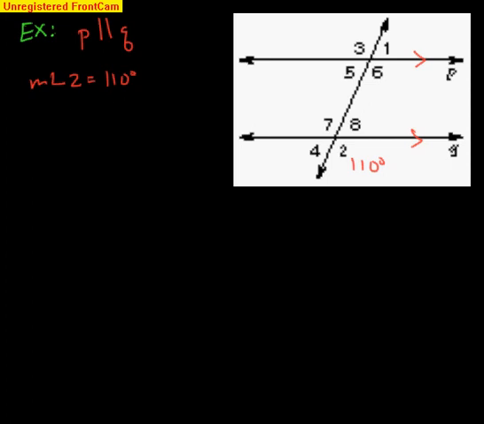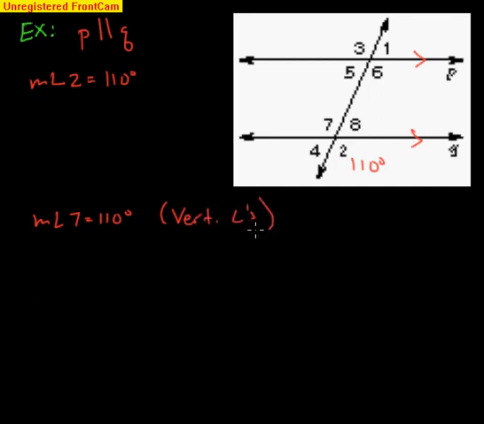So if we look at the picture, angle 2 and angle 7 are vertical angles. Vertical angles are congruent. So the measure of angle 7 is going to be the same as angle 2 because they are vertical angles.